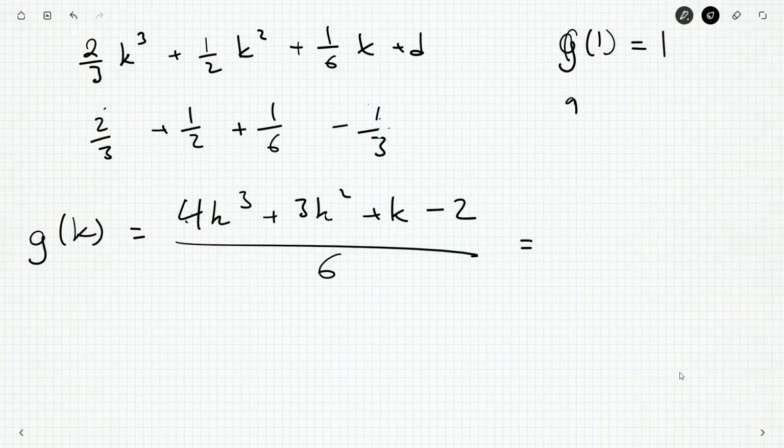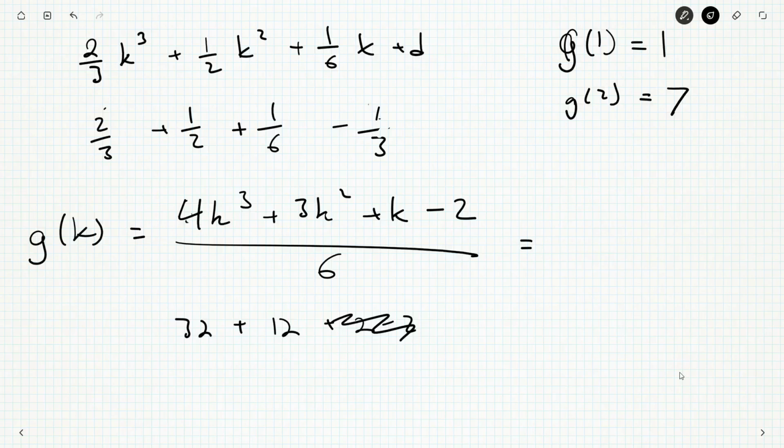Just to be clear, g of 2 should be f of 4, which would be 7. Do I get 7 here? So that would be 32 plus 12 plus 2 minus 2. 32 plus 12 is 44, which is not divisible by 6. Something has gone wrong. Something has gone hinky.